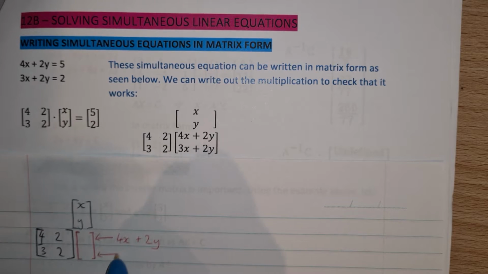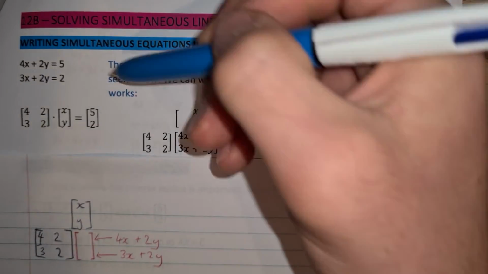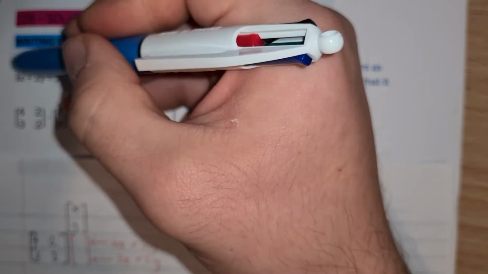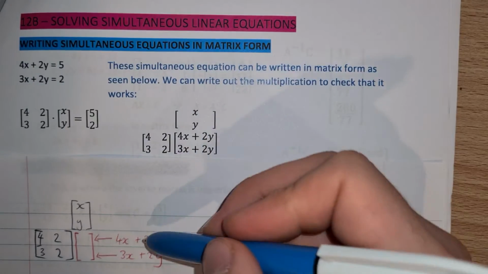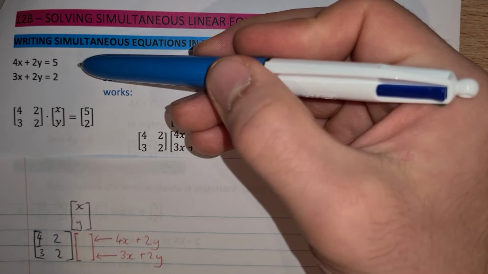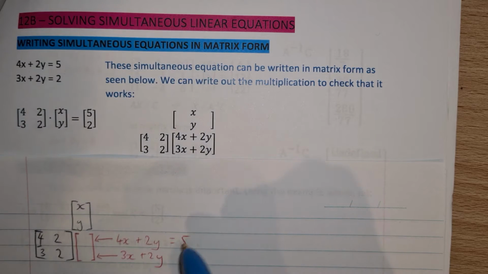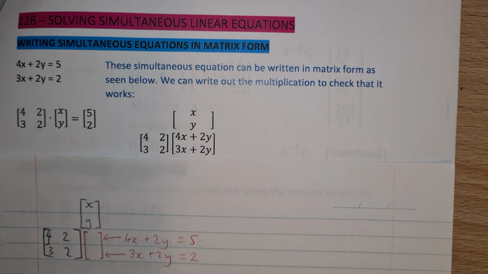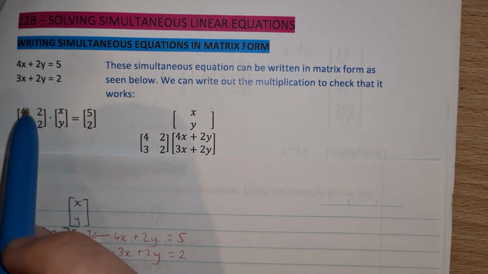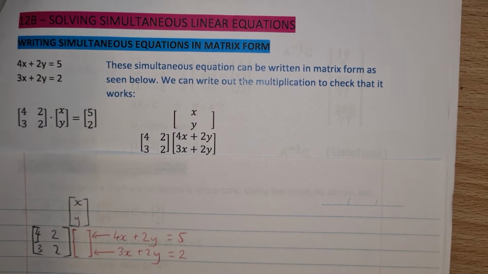Then our second element down here will be 3x plus 2y. And noting up here, that is exactly the linear equations that we have. So we know that 4x plus 2y equals 5, because of these equations up here. And we know that 3x plus 2y equals 2. So actually doing this calculation shows us that yes, this matrix form is a good representation of these linear equations.